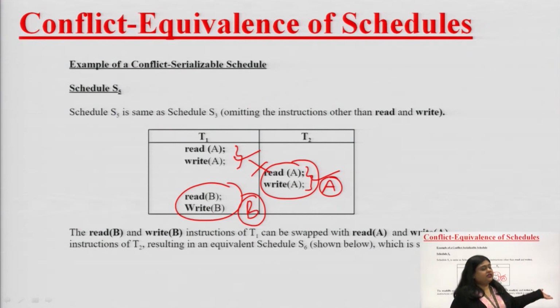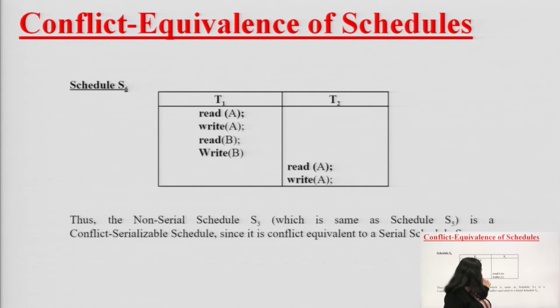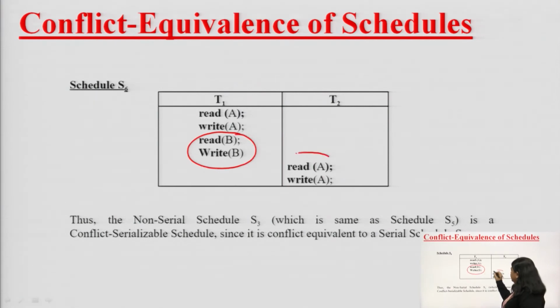Just by swapping these instructions on the timeline, we can convert it into a serial schedule. You can see over here, we have swapped this set with this particular set, and what is the result that we are getting?